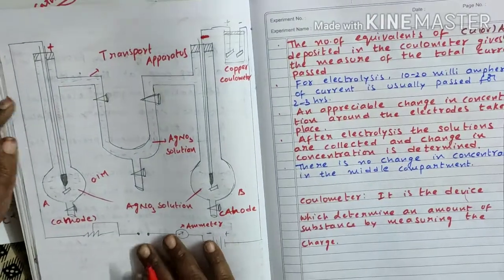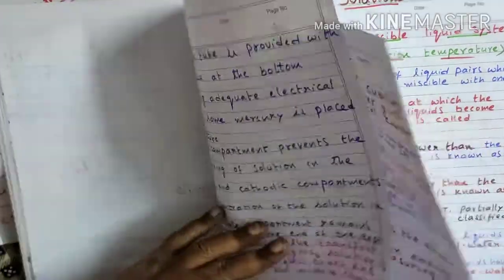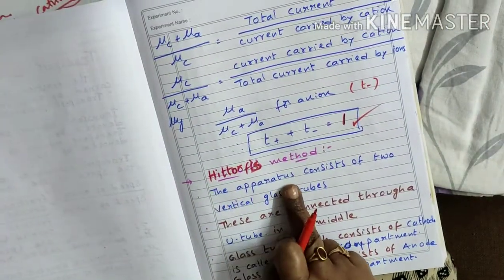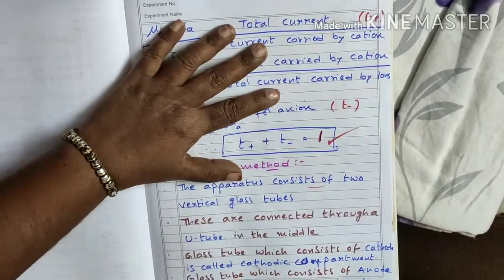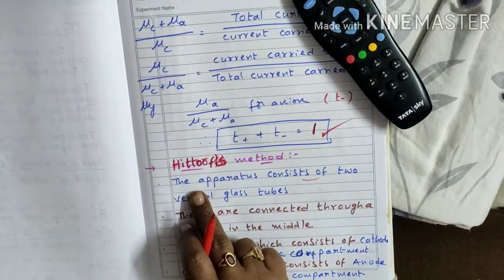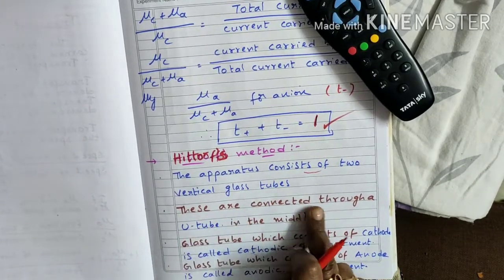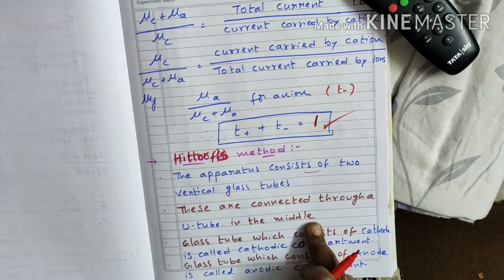Now I am explaining the Hittorf method point-wise, as we explained before. The apparatus consists of two vertical glass tubes connected through a U tube in the middle.